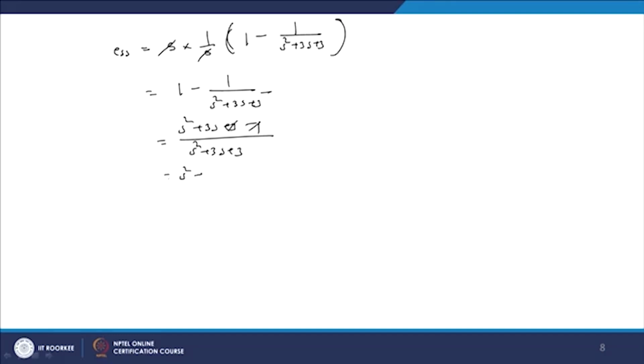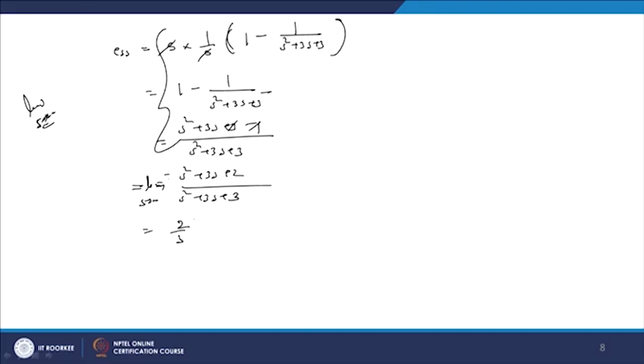So, (s^2 + 3s + 2) divided by (s^2 + 3s + 3), and here the steady state error is nothing but this with limit s tends to 0, because all this portion is concerned with the limit s tends to 0. So, if you replace s equal to 0, what will we get? 2 by 3.